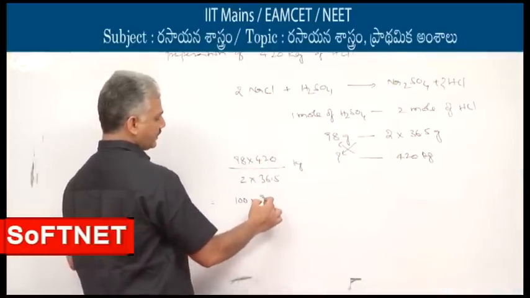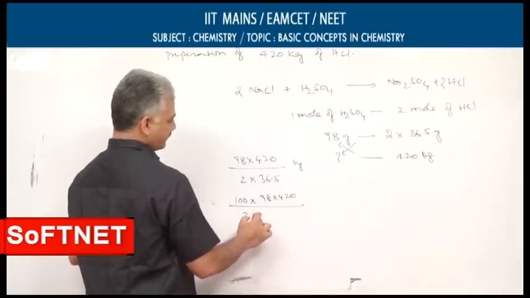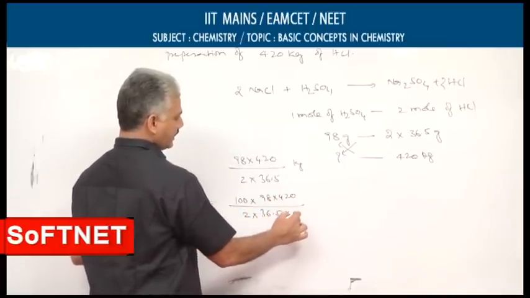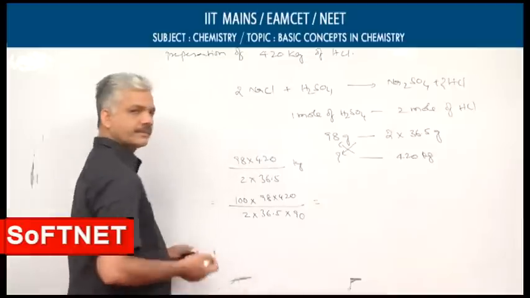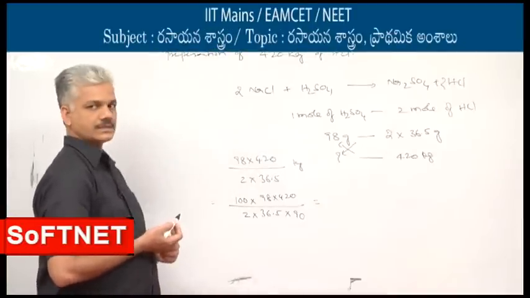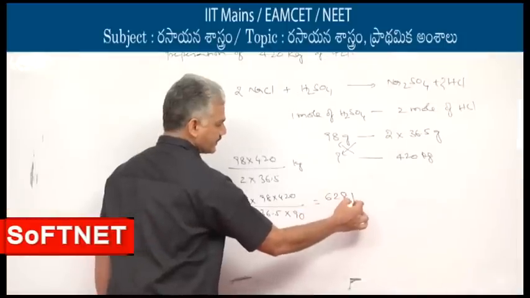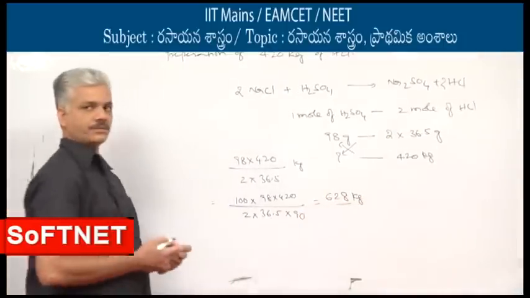That means 100 into the value obtained is this much, and the percentage of purity is 90. On solving this, we get the value of sulfuric acid in terms of kilograms. It comes out to 628 kilograms approximately.